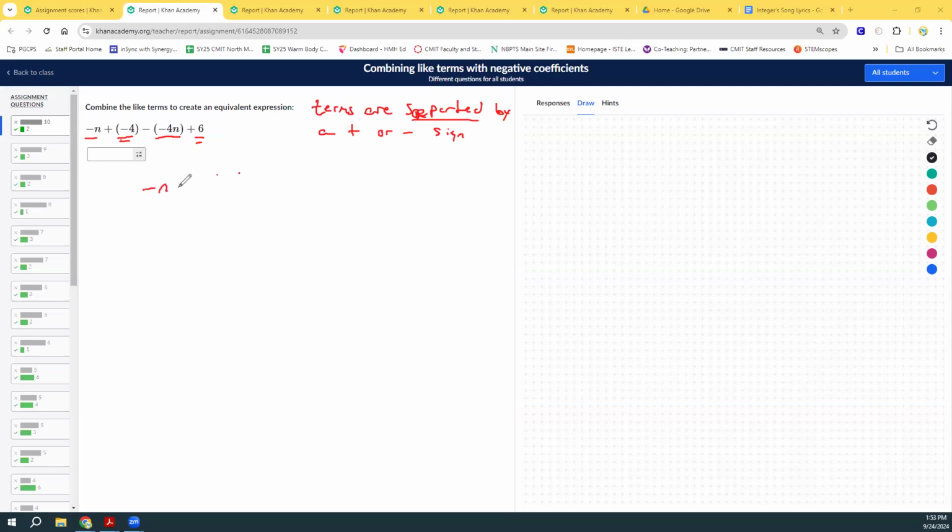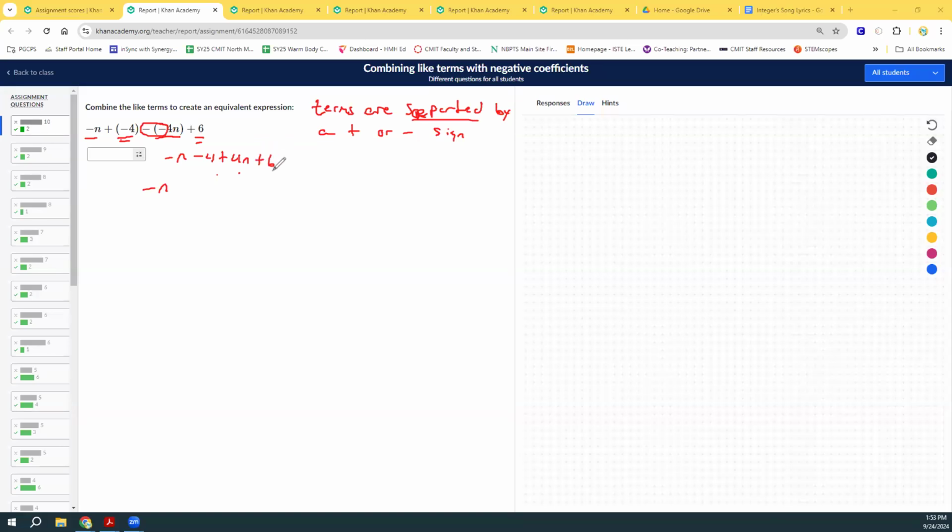I have a -n and I have a, wait a minute now. Don't forget the two negatives when they turn into a plus sign in a row, uninterrupted by a number. So I'm going to rewrite this as -n, and I'm just going to write -4 plus 4n plus 6.